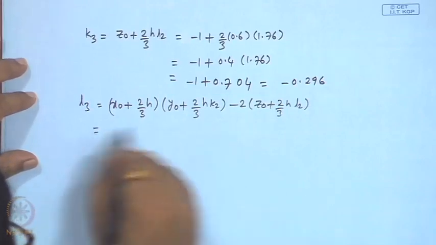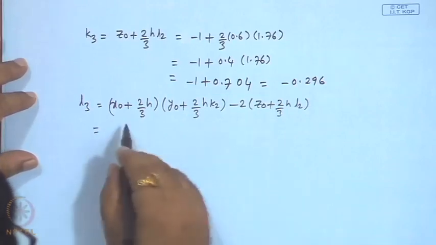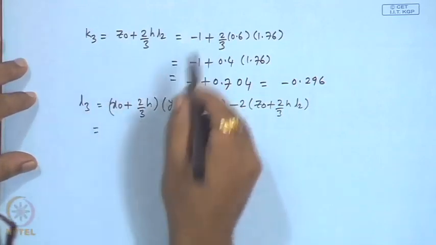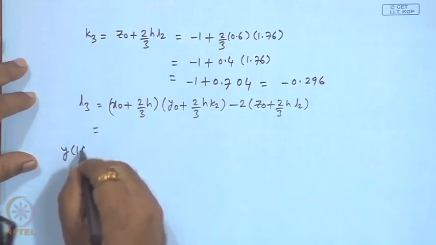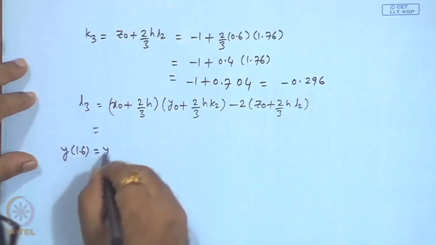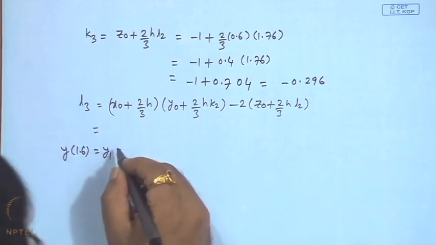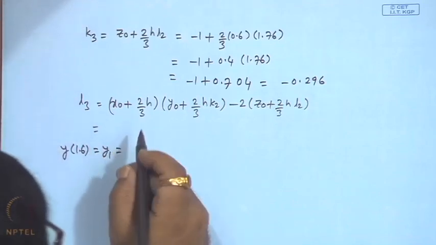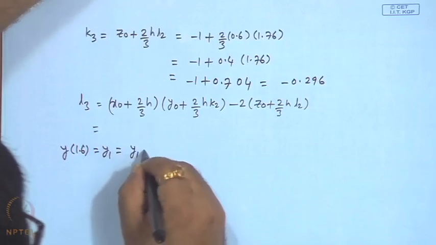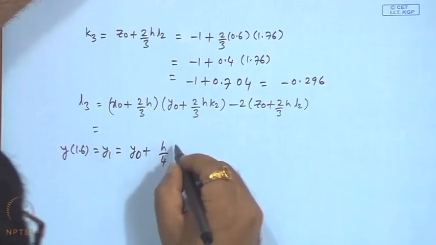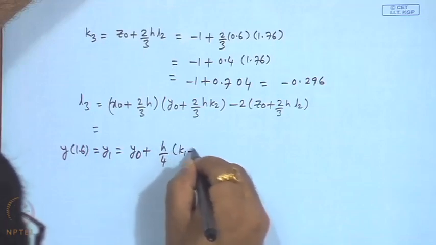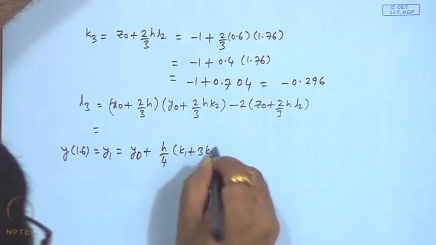Okay. So, having computed K3, we get y of 1.6, this is our y1. The formula defined is y1 equals y0 plus h by 4 times k1 plus 3 k3.